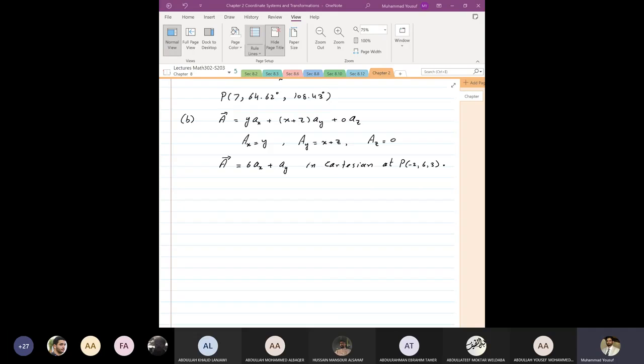Let me copy and paste here again for us to use and to remember. From Cartesian to cylindrical, these are transformation equations which will be given to you.